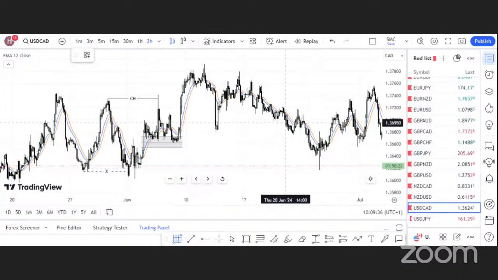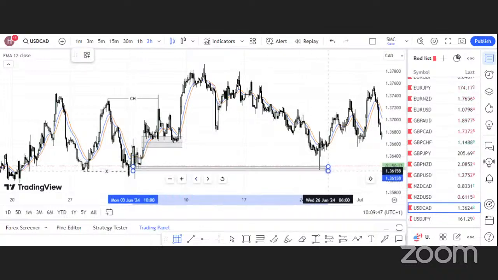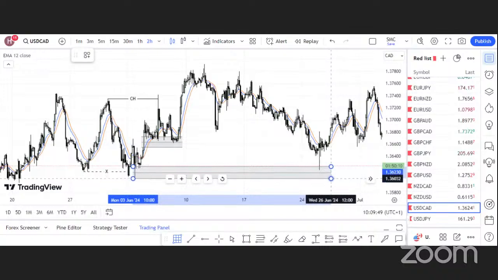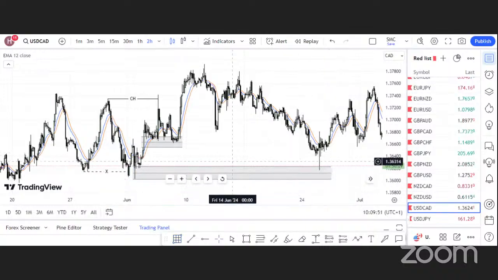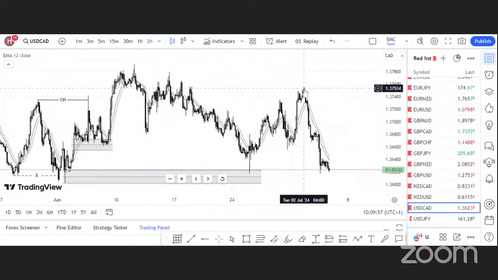And then for this movement downwards, okay. So aside that, we also have the second movement, and this happened within this range. So I think the market came back for this other block, mitigated it, and then went up.